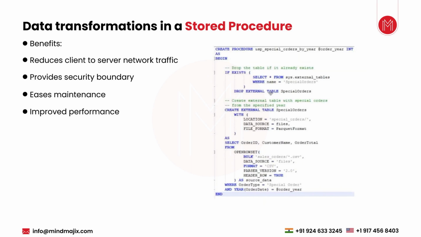The next advantage is maintenance. When you have a similar operation done on the same database for multiple clients, you can create the operation once in a stored proc and then give access to that stored proc for multiple clients. For example, here I'm writing order year as an input parameter, which is an integer type.